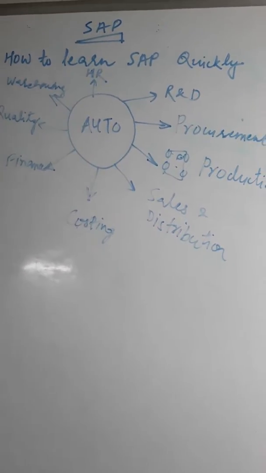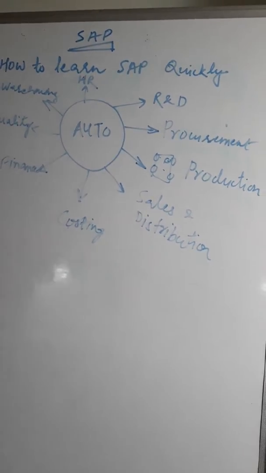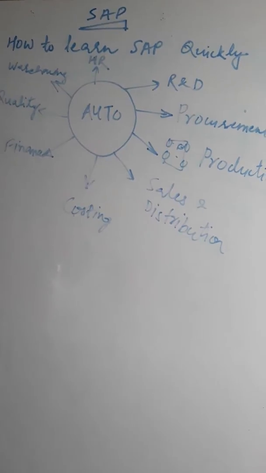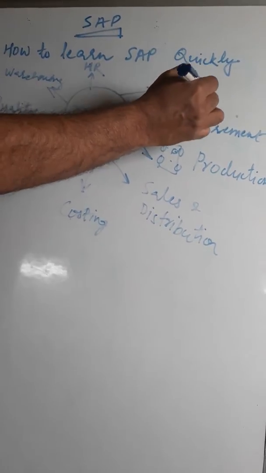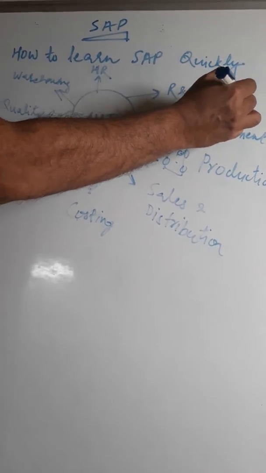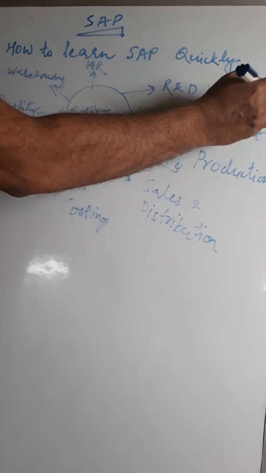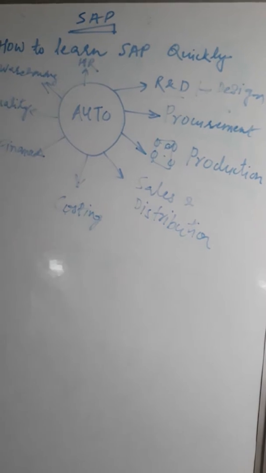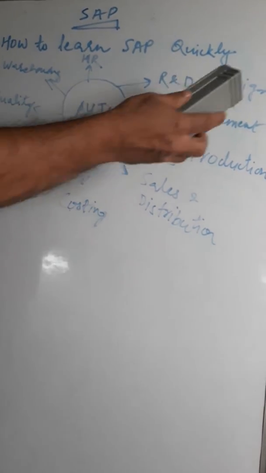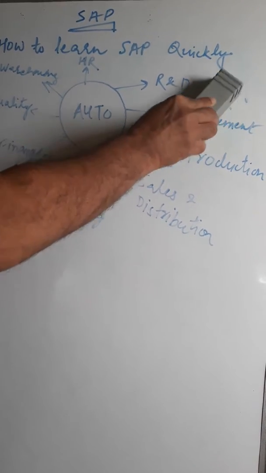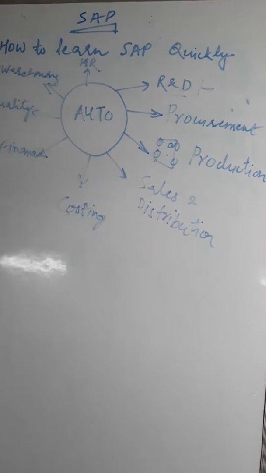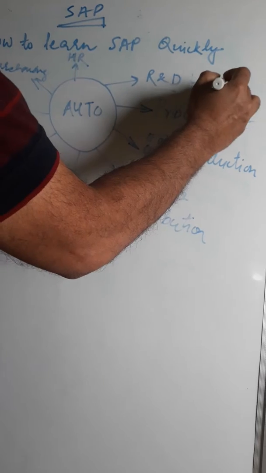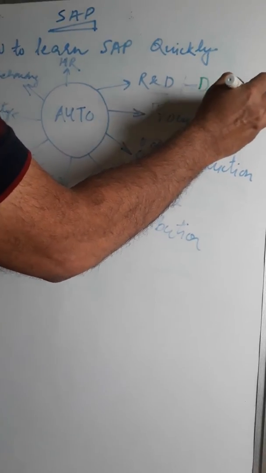So based on the experience we have from our previous background, we can choose R&D if we are into design. Okay, I can differentiate this with a different color. So if we have experience in design, then we can choose R&D.